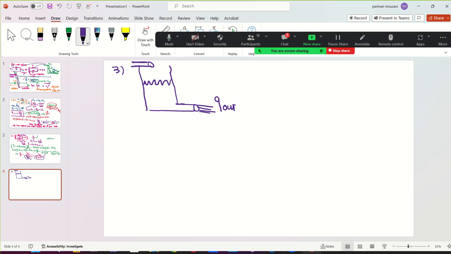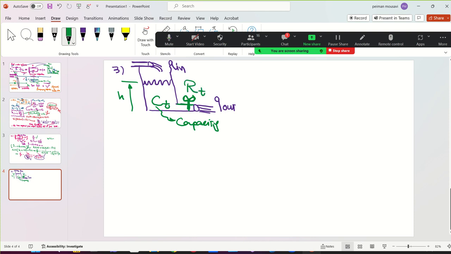Outlet flow rate, inlet flow rate. The height of flow is h. We have capacity of the tank. C is for capacity. And this contraction can be modeled as resistor, because your sink valve is contraction, that's right. Resistor of the tank, RT. This is for resistor.